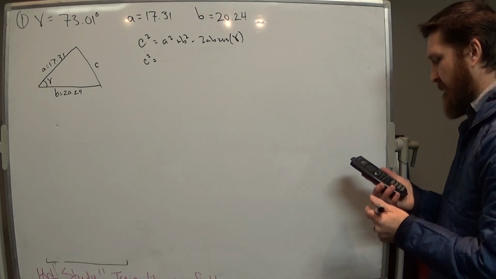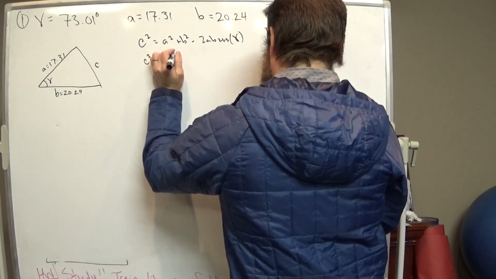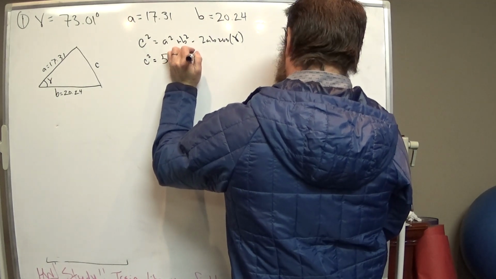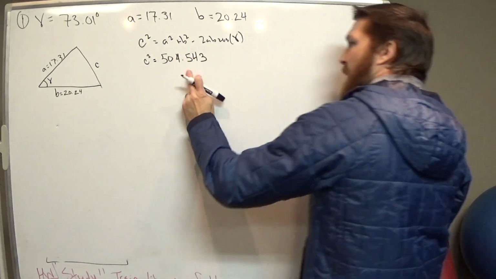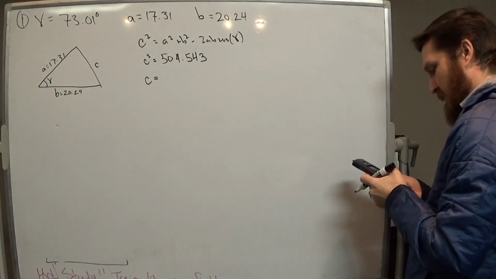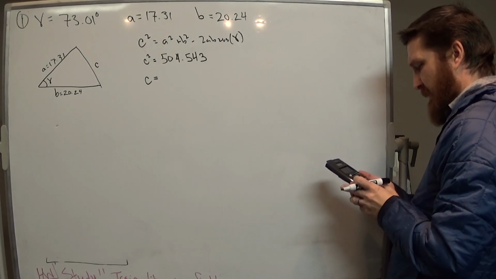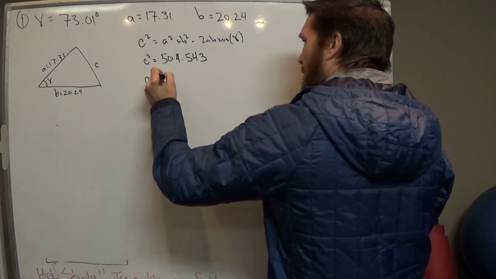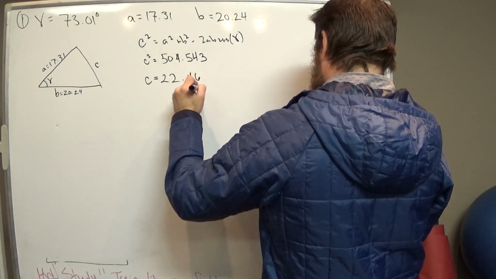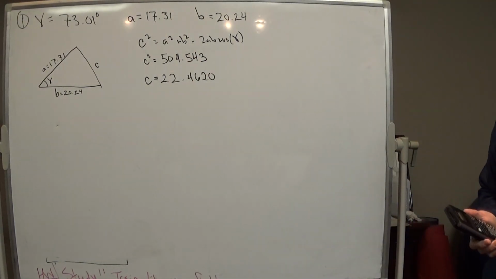And I get, what do you get? I got 22.46. I got that. Yeah. And then you take a square root. And you're going to get, let's see, square root of that stuff. Not rounding anything, I'm using everything that we could have as 22.4620. Okay, so now what realm are we in?